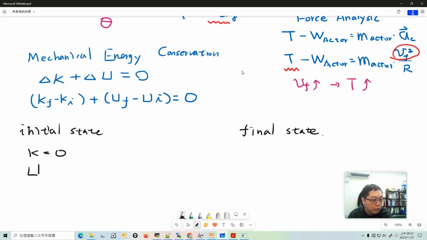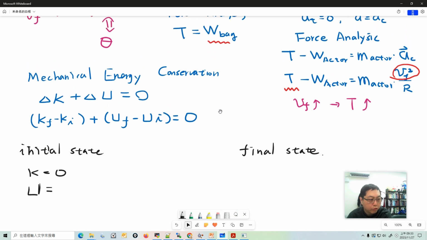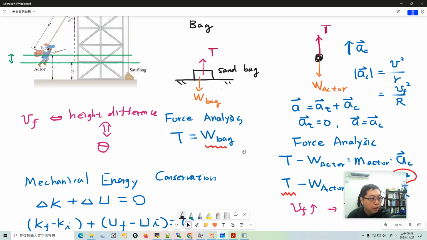And what is the potential energy? In this problem we don't have a spring, but we have the gravitational potential energy in this system.